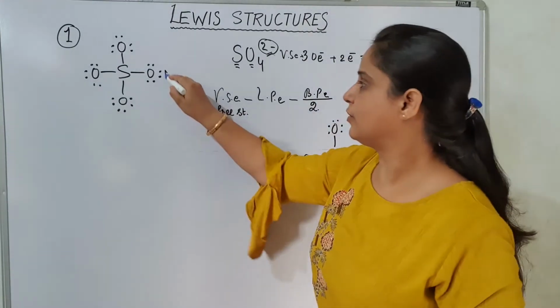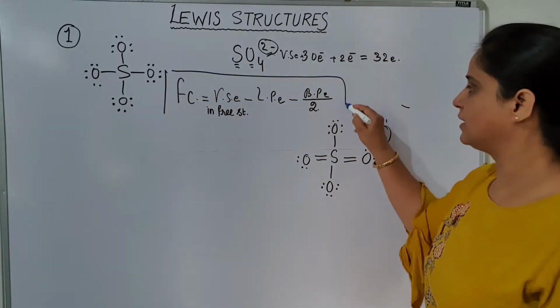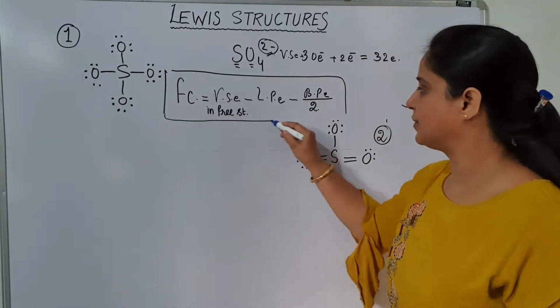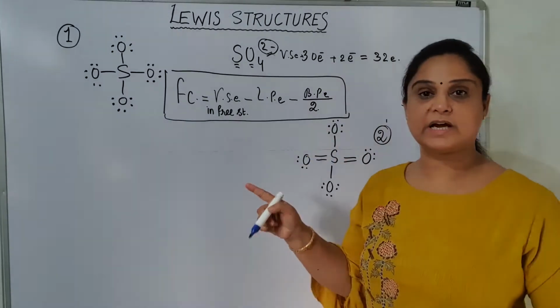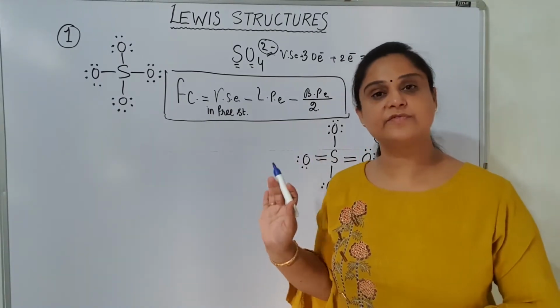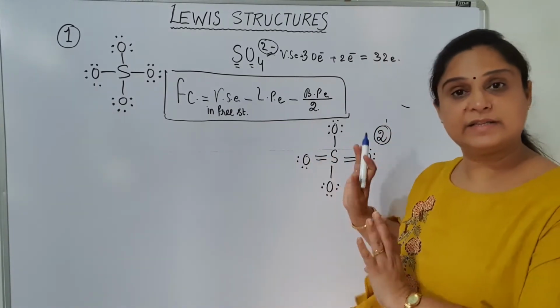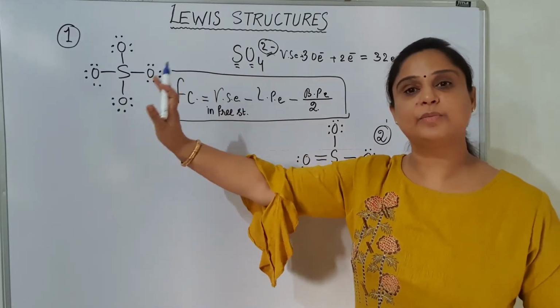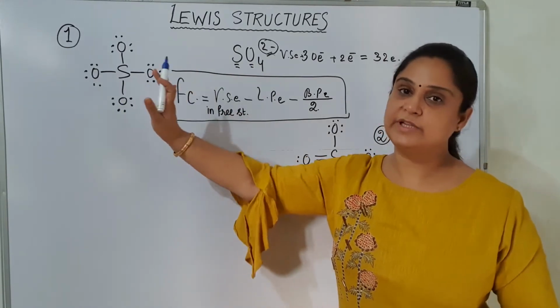This is the formula for calculation of formal charge. So we will be using this formula to calculate the formal charge of each atom present in the ion. Let's find out the formal charge of each atom in this formula.